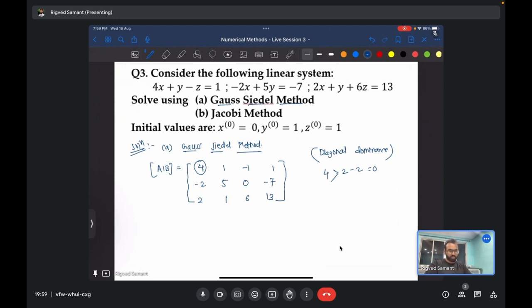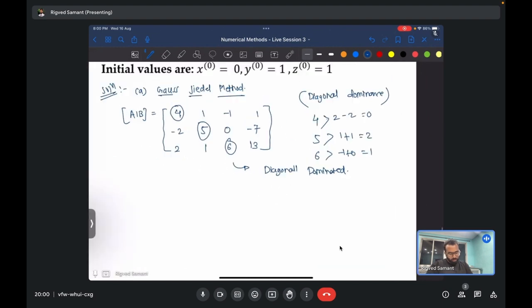For the next, 5 against 1 plus 1 is 2, it is higher. Here also 6 against minus 1 plus 0, that is 1, it is higher. So it is already diagonally dominant. Why we do that, we'll see later.